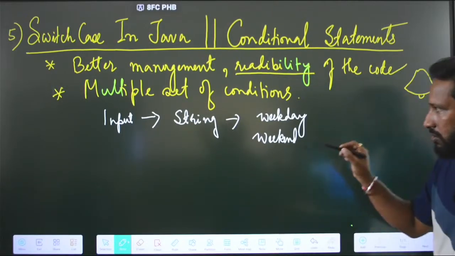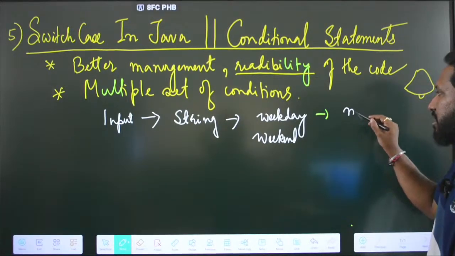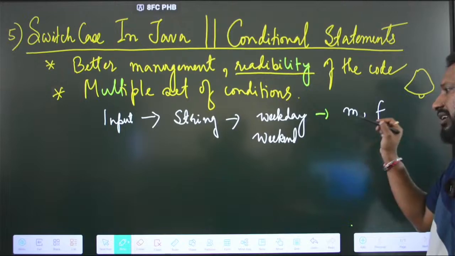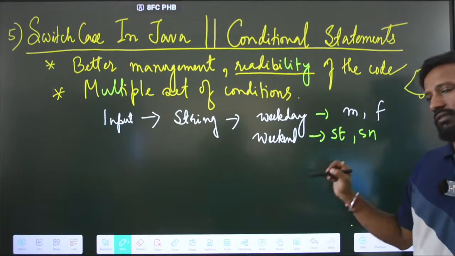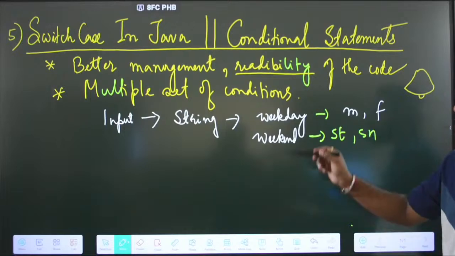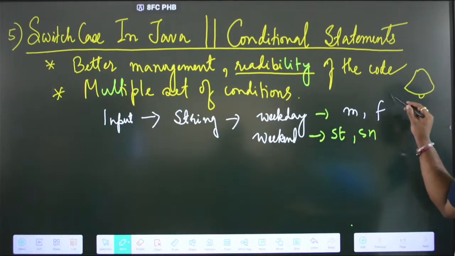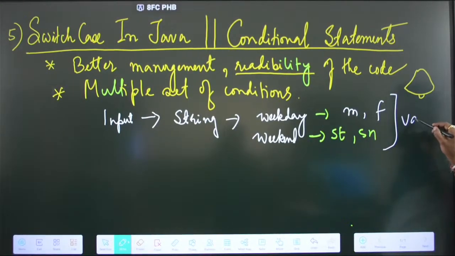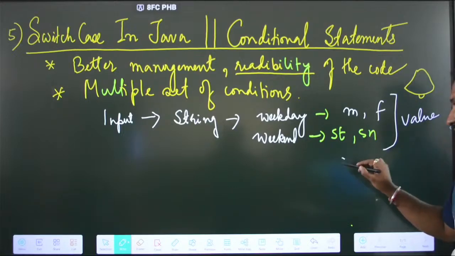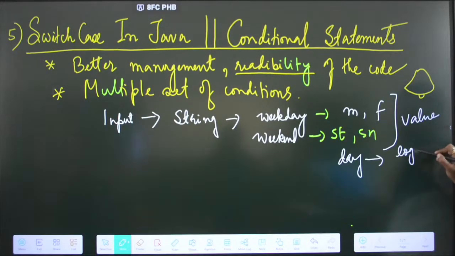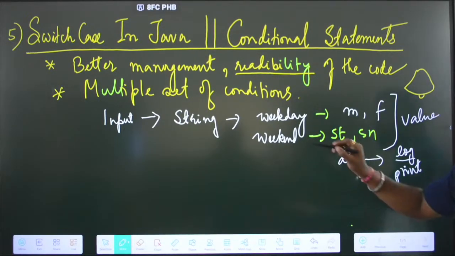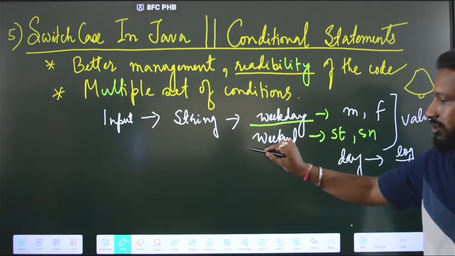What I mean is, you know that Monday to Friday is your weekday and Saturday and Sunday are the weekends. Correct? So I want to take an input of the day from the user, and based on that, I want to print whether it is a weekday or a weekend.